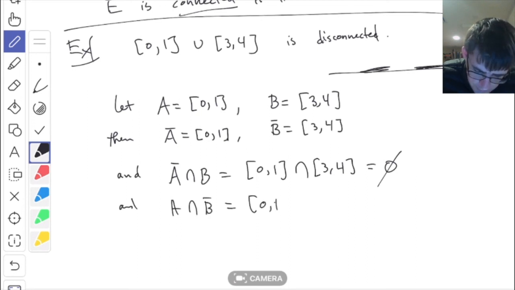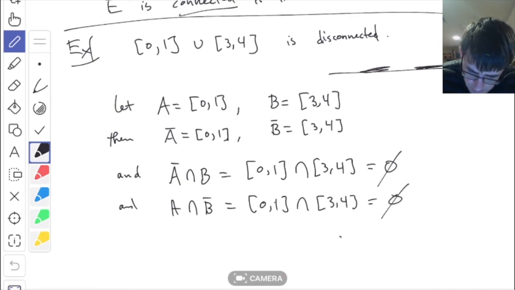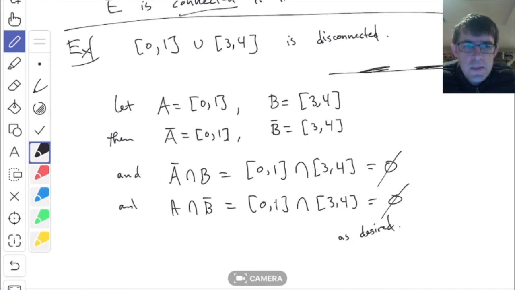But this is still 0 to 1 intersect B bar, which is 3 to 4. And again, they have empty intersections as desired. All right? Suppose you could say that's a miniature proof. Very miniature. You don't really have to say much at all. You do have to say what the two sets are that you're going to break this into to make the argument that it's disconnected.